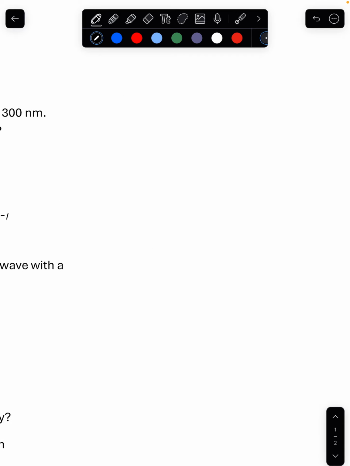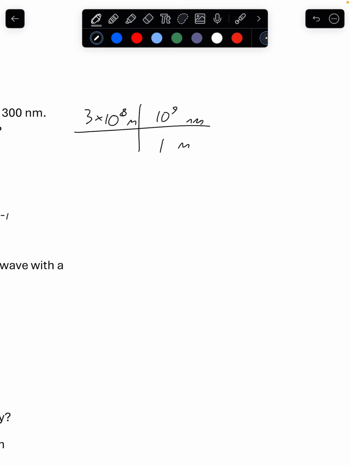Let's do that quickly over here. 3 times 10 to the 8 meters per second, but we just need to change the meters to nanometers because we're not changing the time interval. Well, I know that for every 1 meter, there's 10 to the 9 nanometers. And you may remember that when you multiply two numbers with the same base, you just add the exponents.